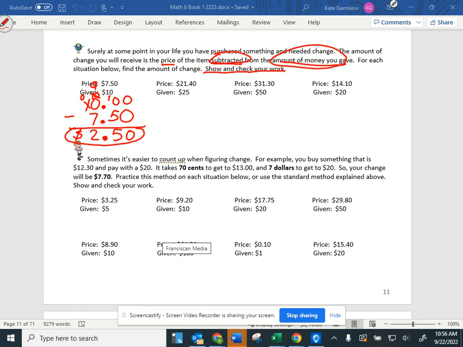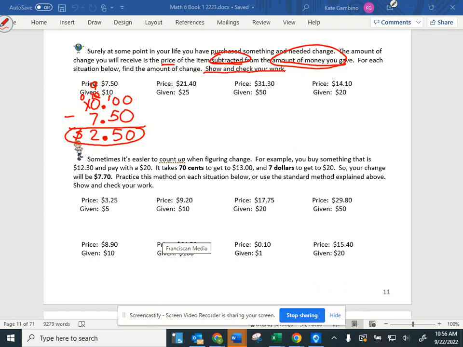On the power standards test that we took at the beginning of the year, we had equivalent fractions, and it said if it is not equivalent, show an equivalent fraction. I had people that didn't write the equivalent fraction, and they got it wrong. On a test, you always have to make sure you're following the directions.